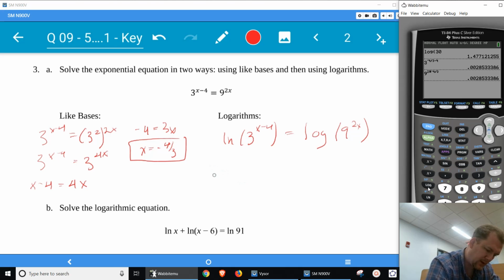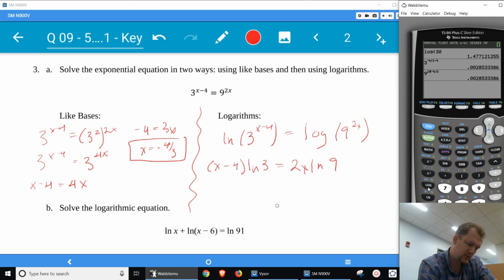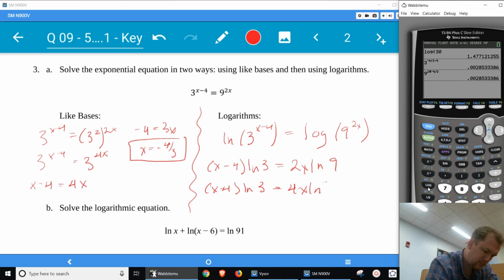So then those strip the exponents off. And then this would be 2x natural log 9. And that's 3 squared, so a 2 pops out of that as well. Then you can just divide both sides by natural log 3. And then you end up with the same equation as before.